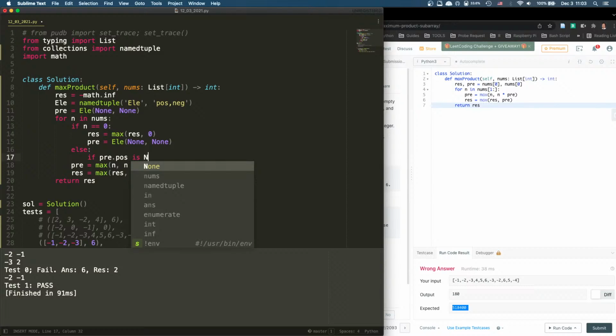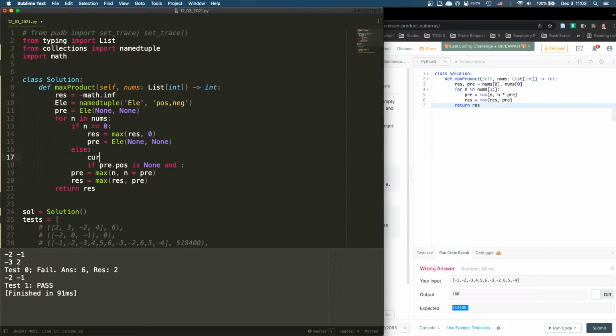a none, right? If pre dot pos is none, and hold on, how should we do this? So what is the current? Current pos and the current negative, both are none and none, right? We'll just start with this.